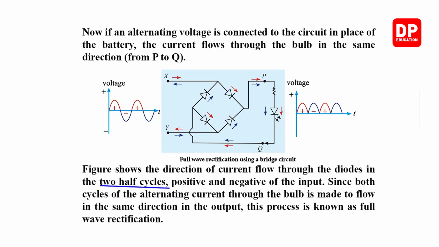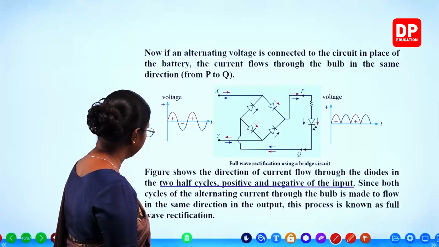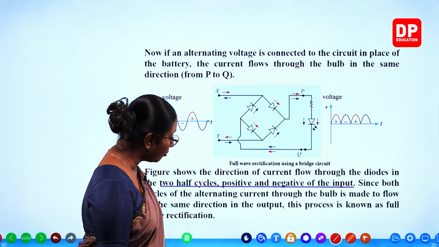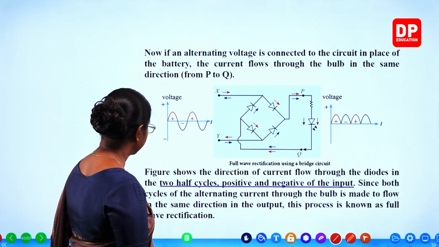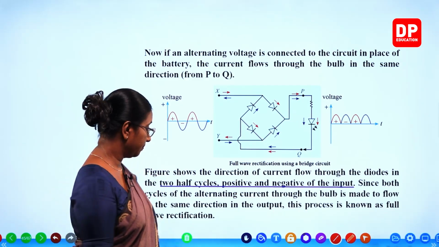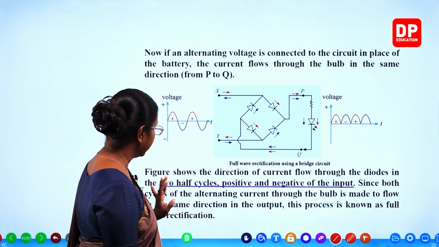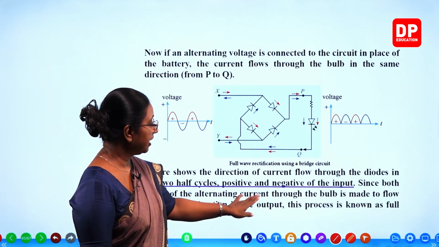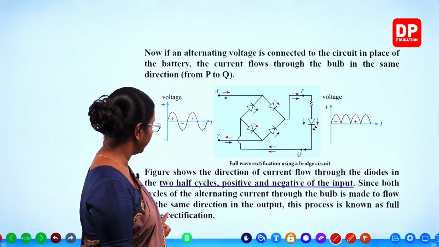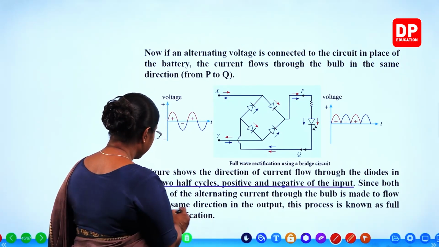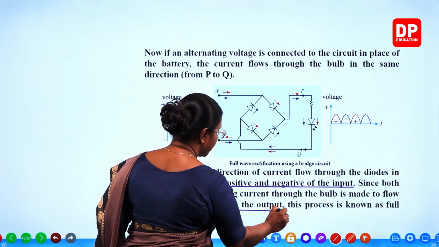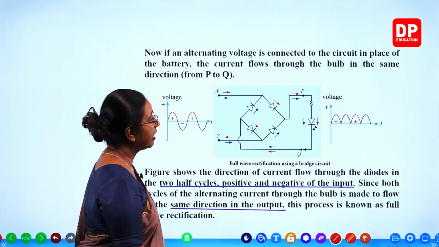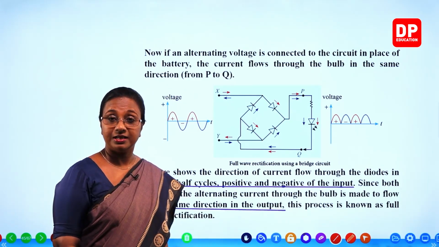Since both cycles of the alternating current through the bulb are made to flow in the same direction in the output, this process is known as full wave rectification. It is the same direction in the output. So, that is why we call it full wave rectification.